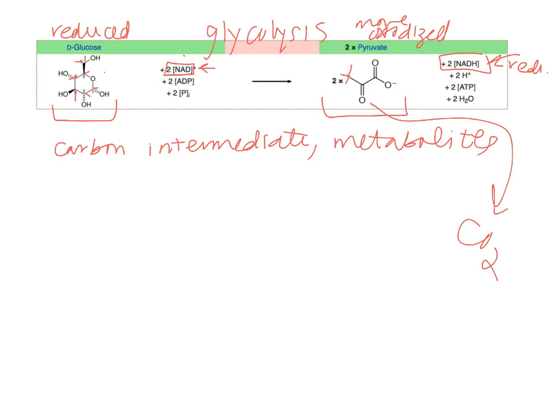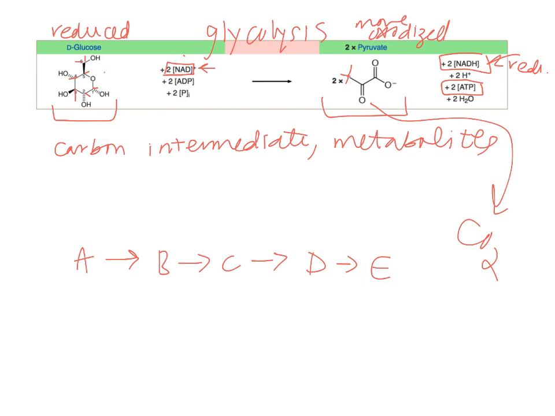And in the process of glycolysis, we actually also get some substrate level phosphorylation. This is not oxidative phosphorylation, but this is substrate level phosphorylation. And there are 10 steps in glycolysis.